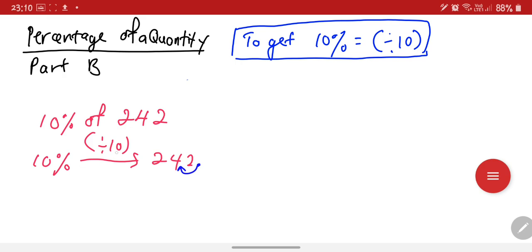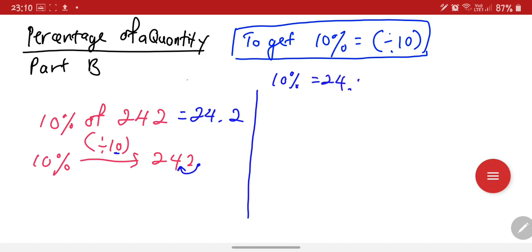Why? Because you're dividing by 10, you're having 1 zero. So your answer is 10% of 242 is 24.2. Once you get this, if you remember, it's okay. If you want to label it, you also can. Let's say we label it as 10% equals 24.2.